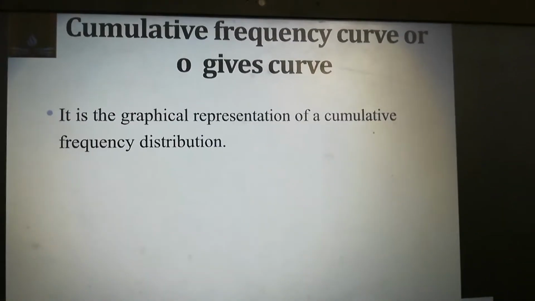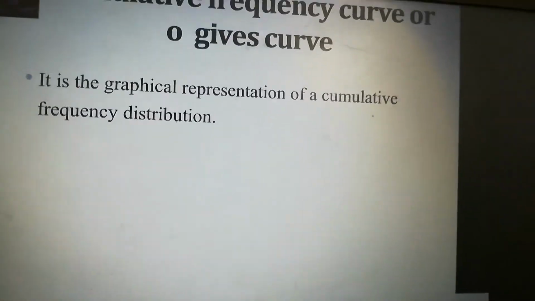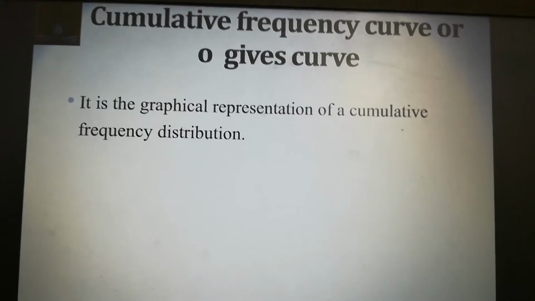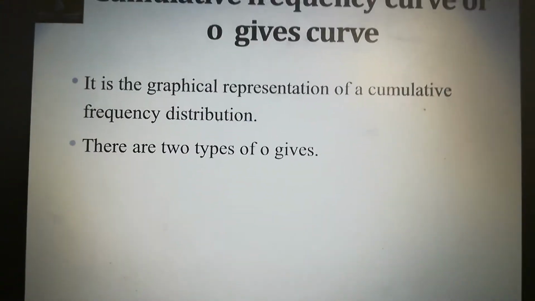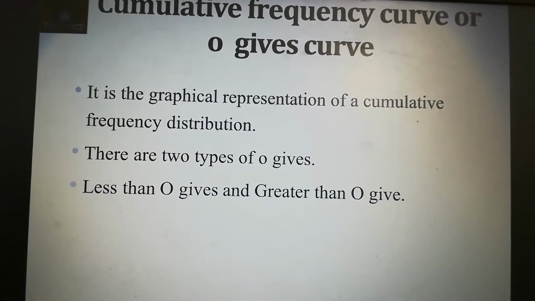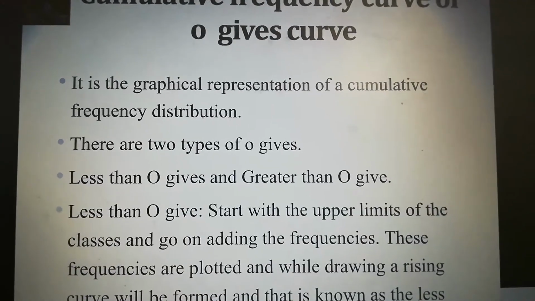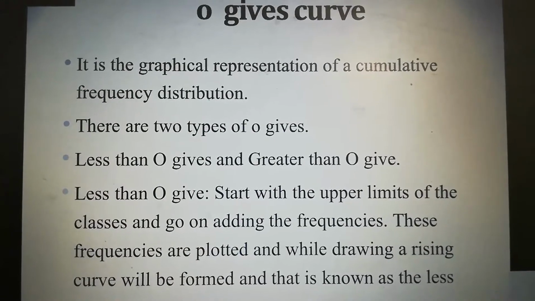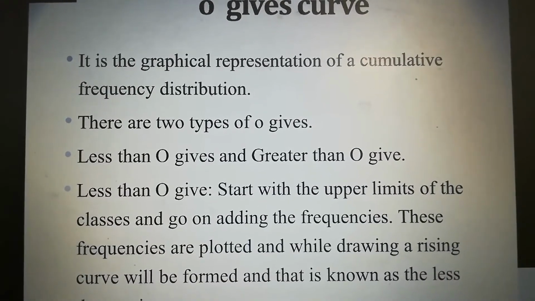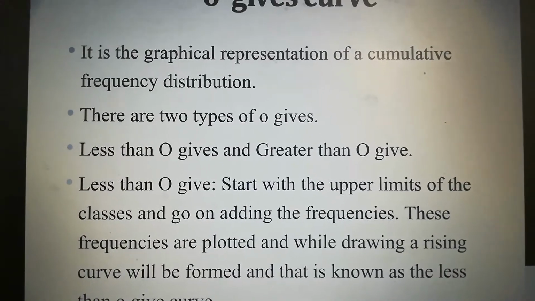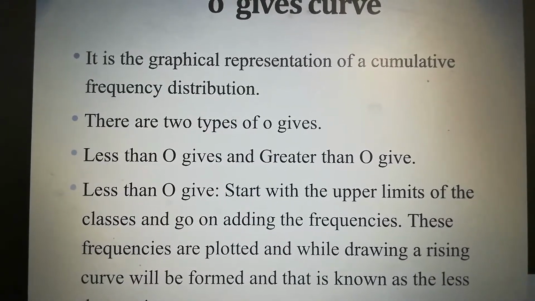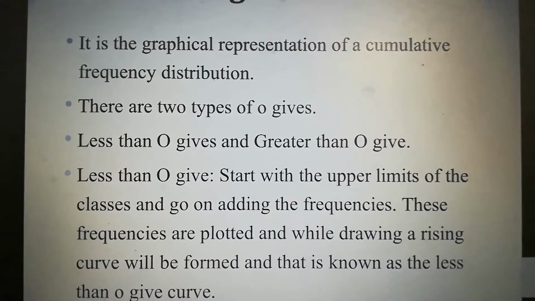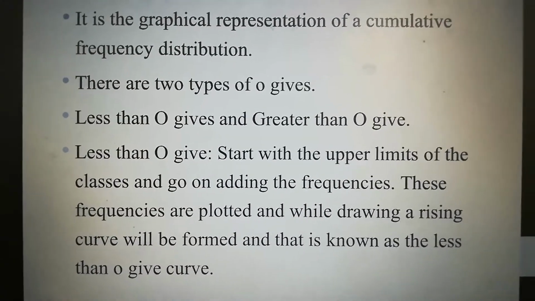It is a graphical representation of the cumulative frequency distribution. The less than ogive starts with the upper limit of the class and goes on adding the frequency. These frequencies are plotted, a rising curve will be formed, and it is known as the less than ogive curve.